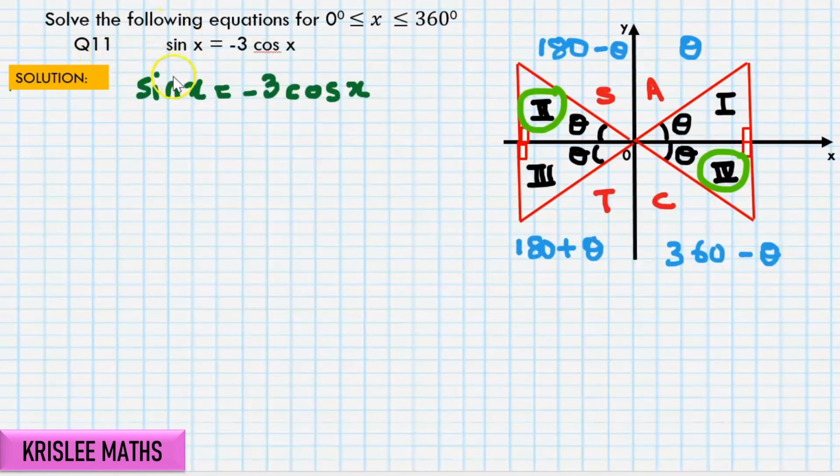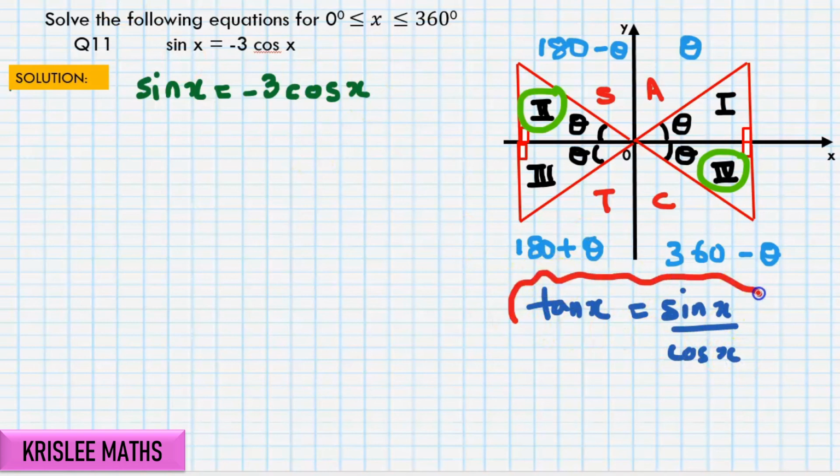Question 11. You are given sine x equals -3 cos x. So here you have sine and cos at the same time. What you can do is, remember, tangent x equals sine x over cos x. So make sure you remember the relation between tangent, sine and cos.